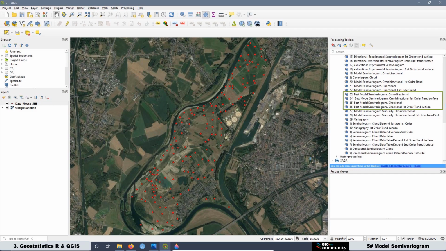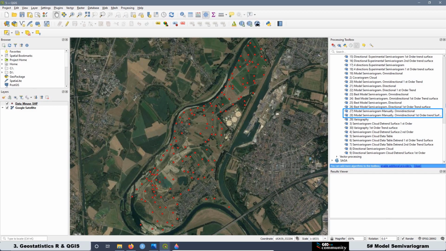The second script tells us what is the best theoretical semivariogram model that fits the data. And we don't have to provide any parameter like the partial sill, the range, or the nugget. The script provides us the best model automatically.